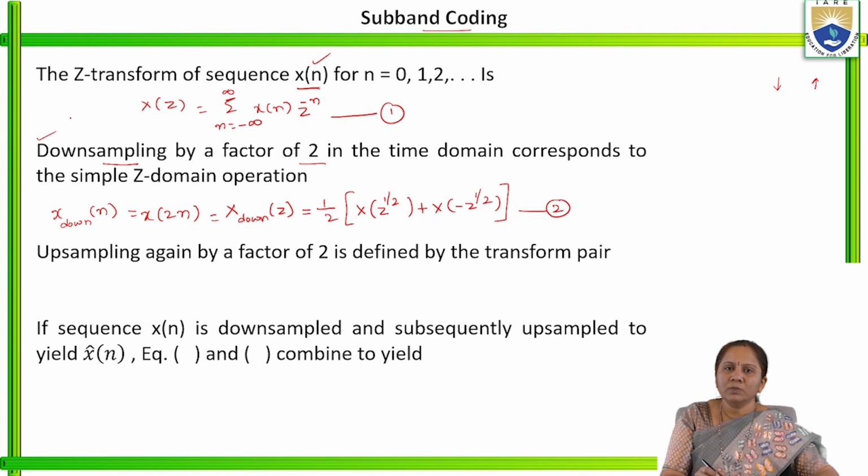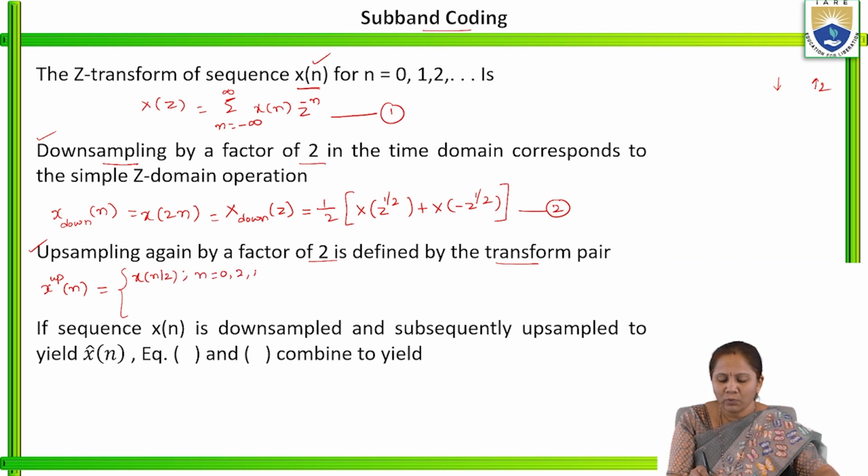After downsampling, for decompression we apply upsampling, again with a factor of 2. Upsampling by a factor of 2 can be represented as x up of n equals x of n by 2 for n equal to 0, 2, 4 and so on, because it is upsampled by a factor of 2, and 0 otherwise.